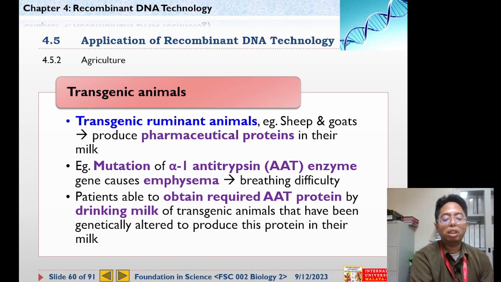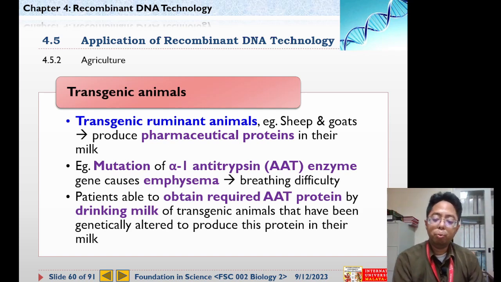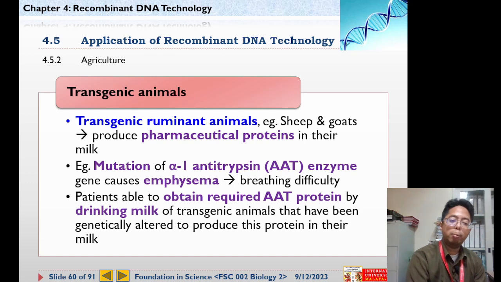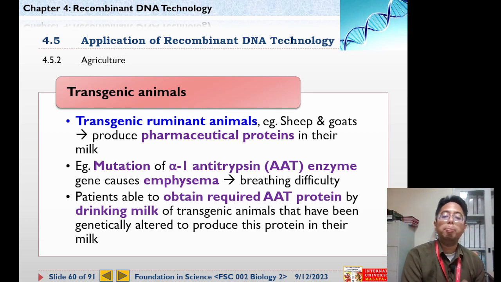Other than that, you also have transgenic ruminant animals. Ruminants are animals such as sheep, goats, and cows. They have their rumen within their bellies. We inject into them a recombinant gene that causes them to create pharmaceutical or therapeutic chemicals within their milk.